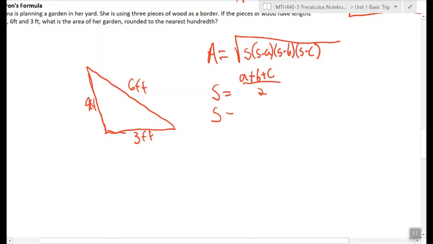In that case, s is equal to 4 plus 3 plus 6 over 2, which means that s is equal to 13 over 2. I'm going to say that s is equal to 7.5, if you will. No, not 7.5, it's actually 6.5.